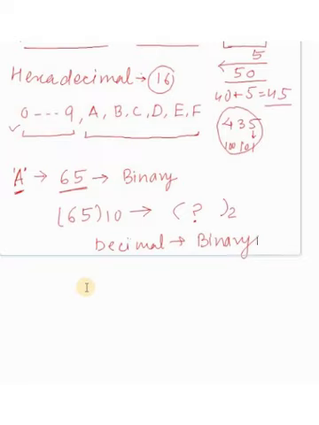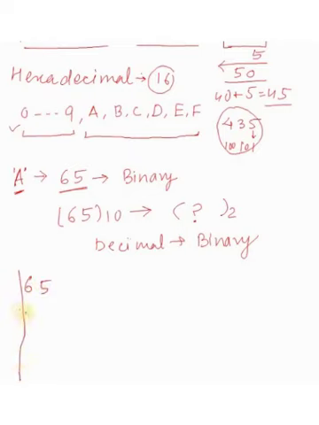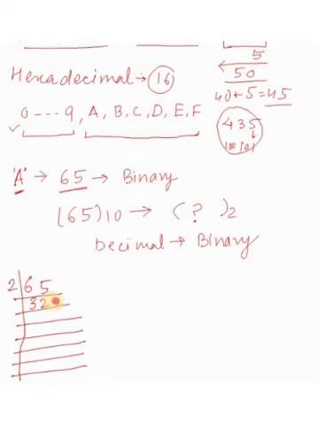The concept is very simple. What you have to do is write 65 and divide this 65 by 2 until it becomes 0. So I'm dividing it by 2. It goes 32 times with remainder 1.